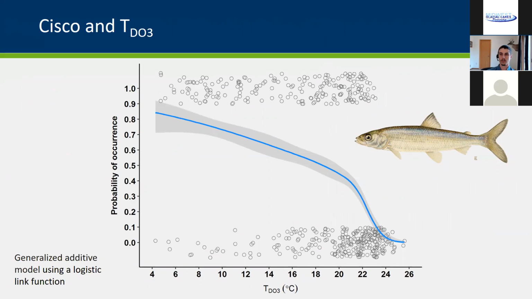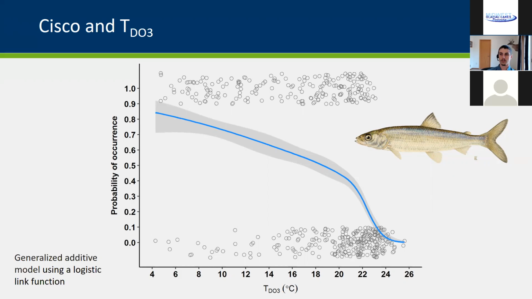So this is a logistic regression plot. Basically, what's the probability that a lake is going to support Cisco as a function of that TDO3 measure, that oxythermal measurement? Does it have enough oxygen to support these fish species, and is the temperature low enough?